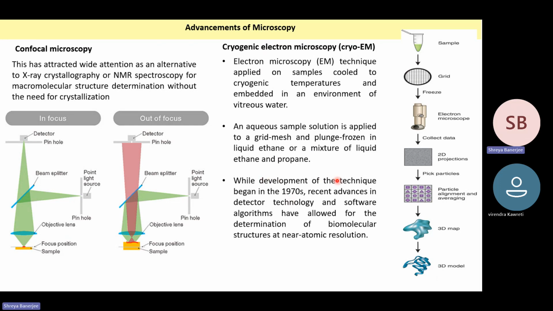While development of cryo-EM began in the 1970s, recent advances in detector technology and software algorithms have allowed for the determination of biomolecular structures at near atomic resolution. So cryo-EM has advanced so far in recent times that now you can find out the structure of different proteins at near atomic resolution. So you can even resolve individual atoms.